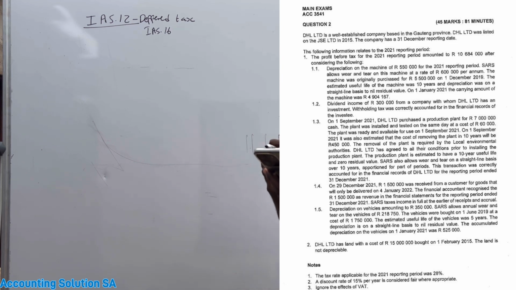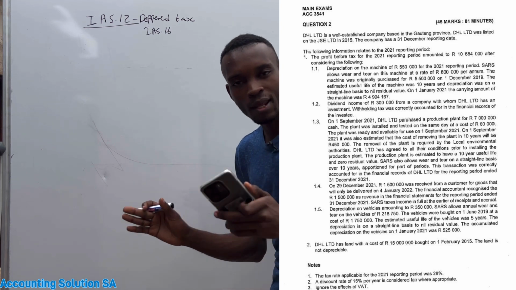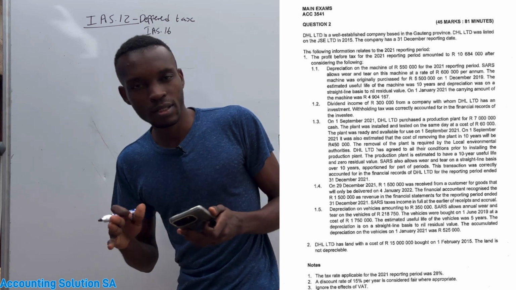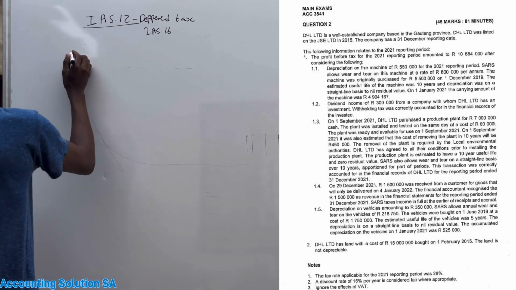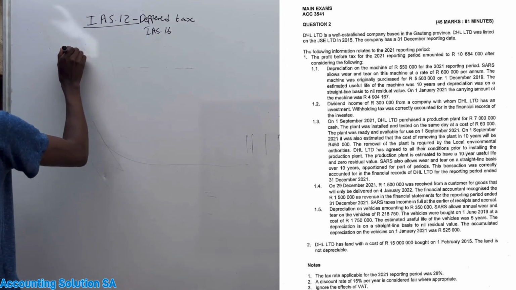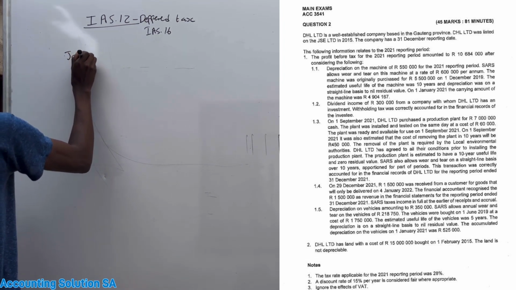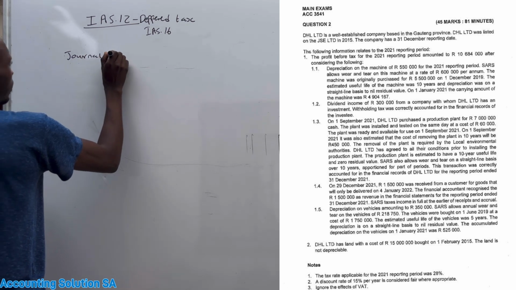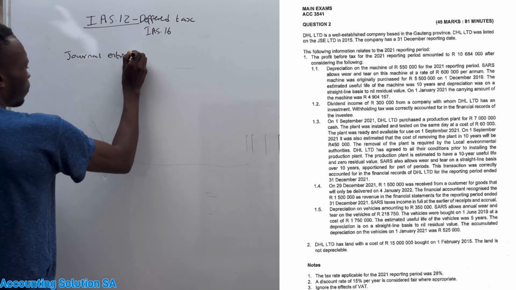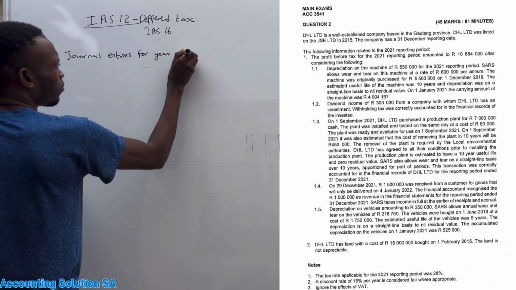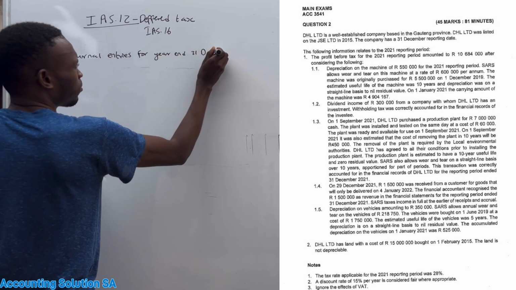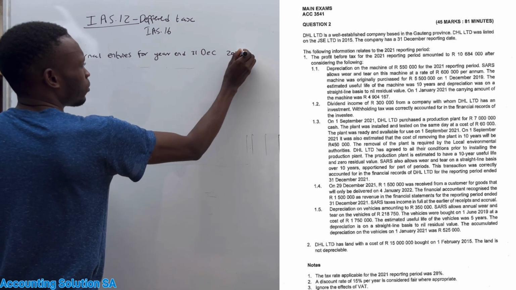Okay, the 2021 reporting period is our current year. Our current year is 2021 because we're doing it for the period. Let me write it here. Journal entries for year end 31 December 2021.